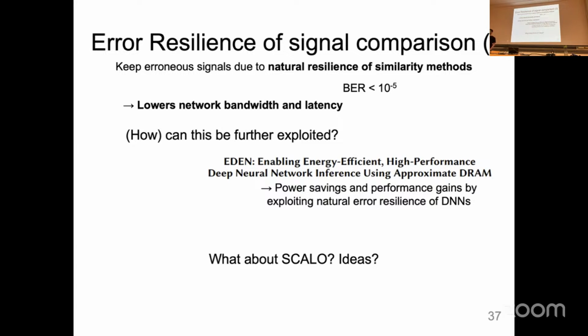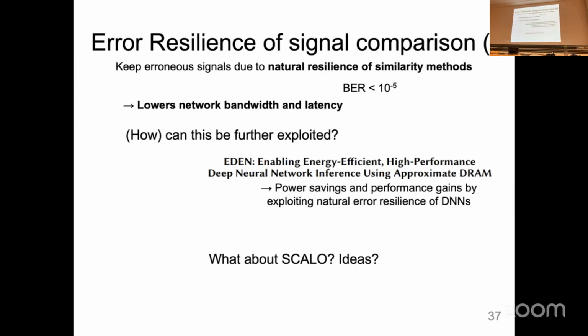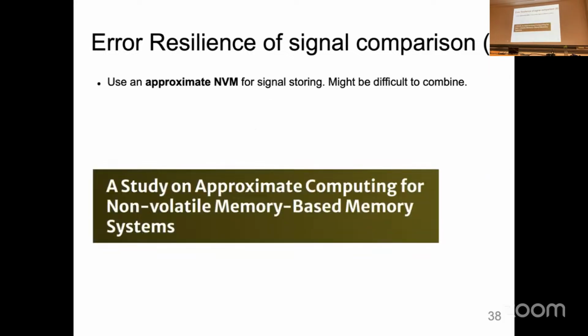So if there are no ideas, I will just present some of my own. Okay. So first, in the spirit of this paper, we could maybe use an approximate NVM for the signal storing. I mentioned that the NVM is partitioned into 4 partitions.